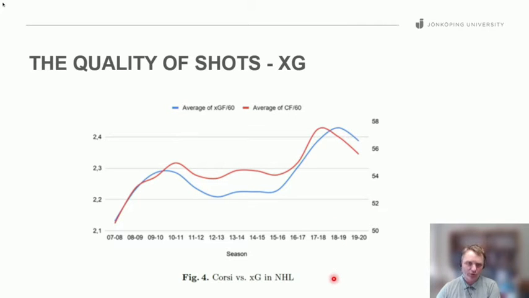We argue that this is one of the most interesting results in the study, and we say that this represents the rise and fall of the Corsi game. So typically we have the rise of the Corsi game here, and then here the quality of the shots becomes more and more important, and we now have higher xG, making it more important than Corsi.